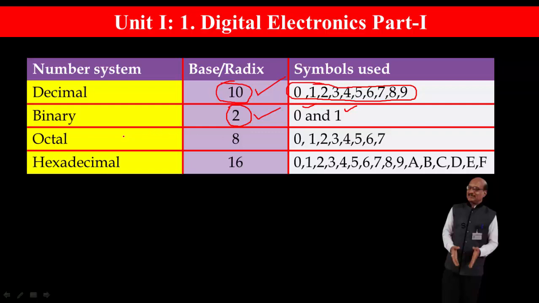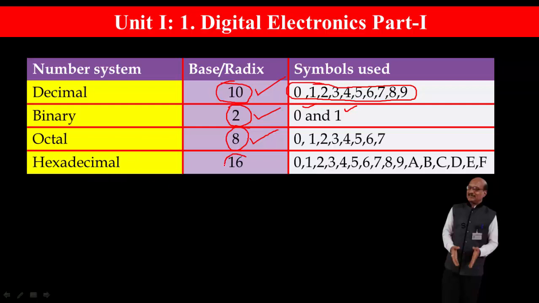Now one more number system is used in computers, that is octal number system. So in octal number system we use 8 symbols 0 through 7. So any number can be represented by using these 8 symbols. Then one more is there which is particularly used in microprocessors, that is hexadecimal number system.